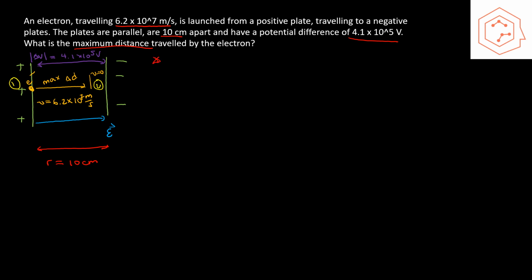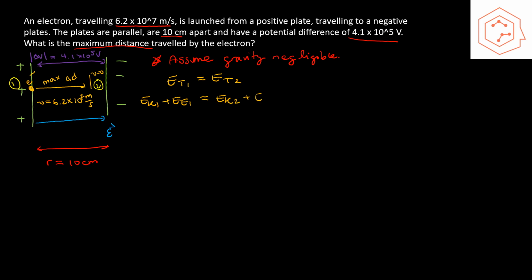Since the electron is very small and virtually weightless, we're going to assume that gravity is negligible. And what we have is ET1 is equal to ET2, or the initial kinetic energy plus the initial electrical potential energy is equal to EK2 plus EE2.